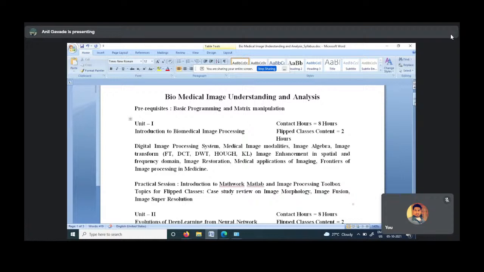Due to the limitation of time, we will focus only on 2 modalities, but you'll have an overview of all 5 modalities available in the medical domain. Our focus would be CT images, MRI images, as well as some histological images we will take up as examples to deal with this subject.